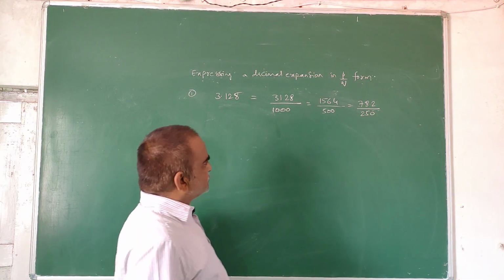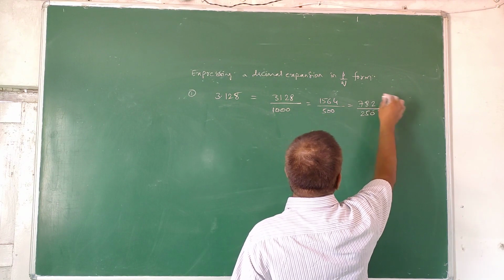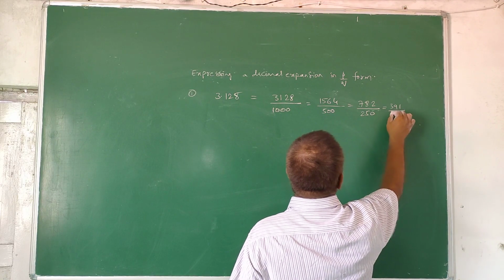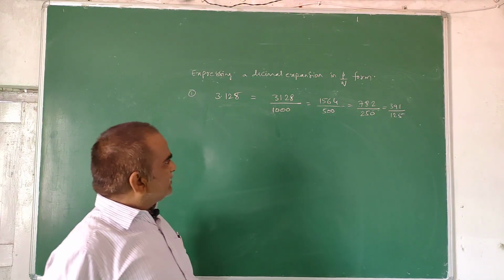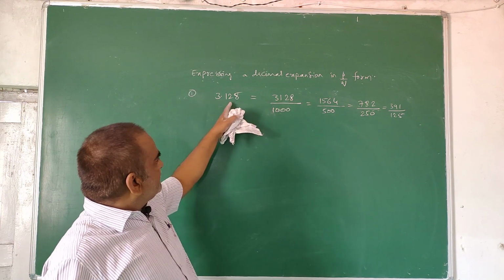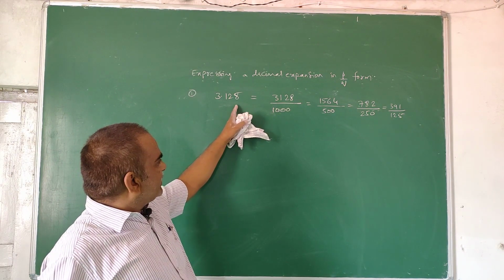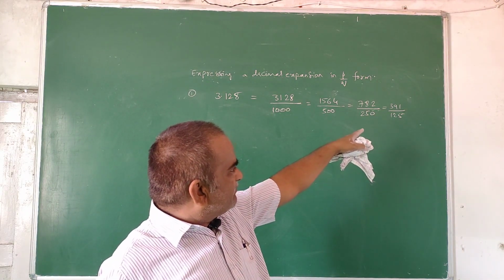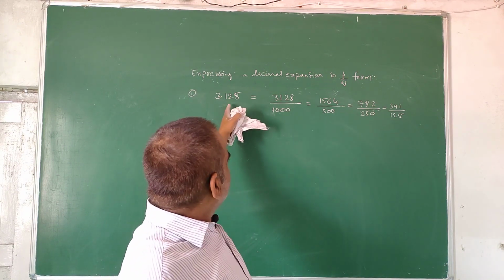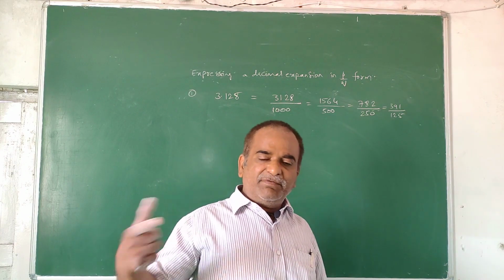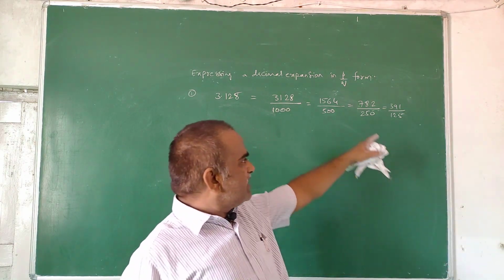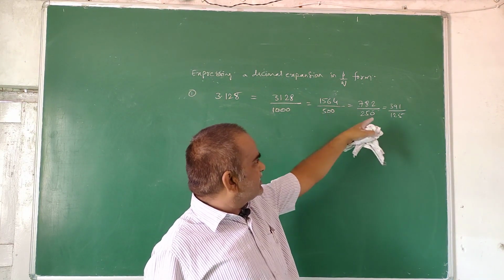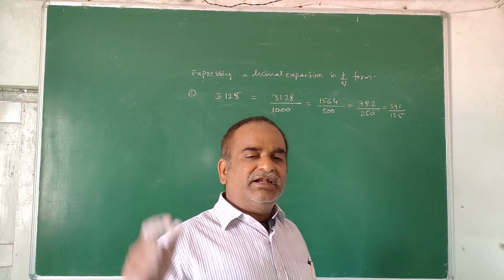Again you can cancel with 2: 2 3s are 6, 2 9s are 18, 2 1s are 2. So here 391 by 125. Now you can stop here. So 3.128, the decimal expansion of a rational number, in its simplest form is 391 by 125. It is expressed in P by Q form, and we are taking it in the simplest form as 391 by 125. You can directly cancel with a larger number also, but I proceeded in this way.